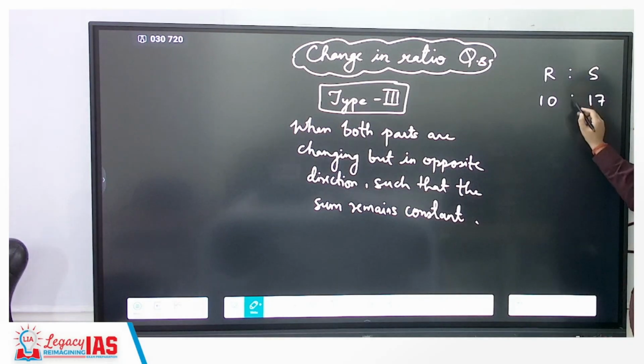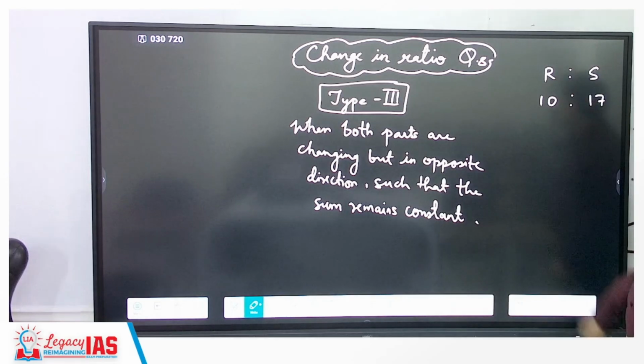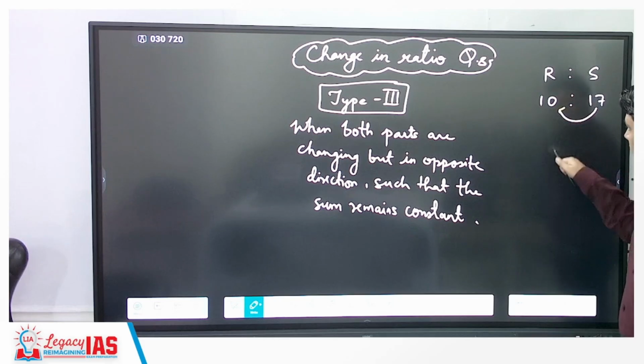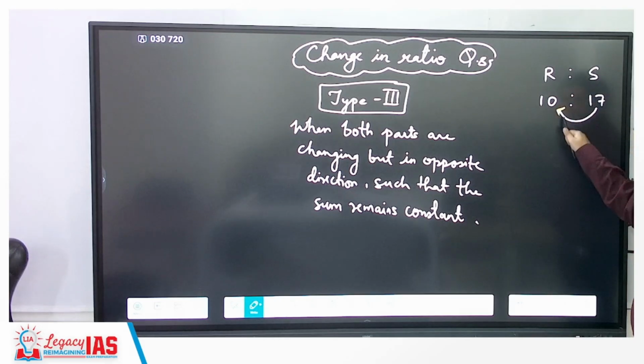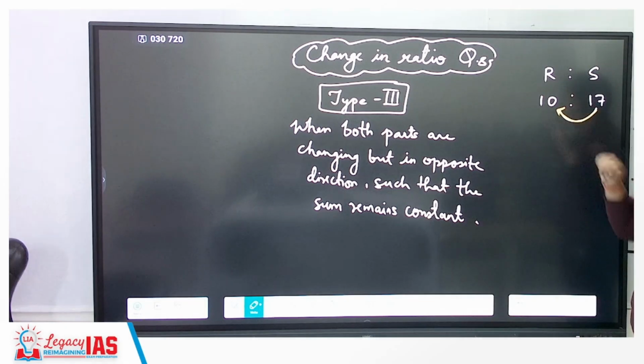Okay, this is their ratio. Now what will happen in these questions is, Shyam will give some pens to Ram. Correct? Shyam will give some pens to Ram.